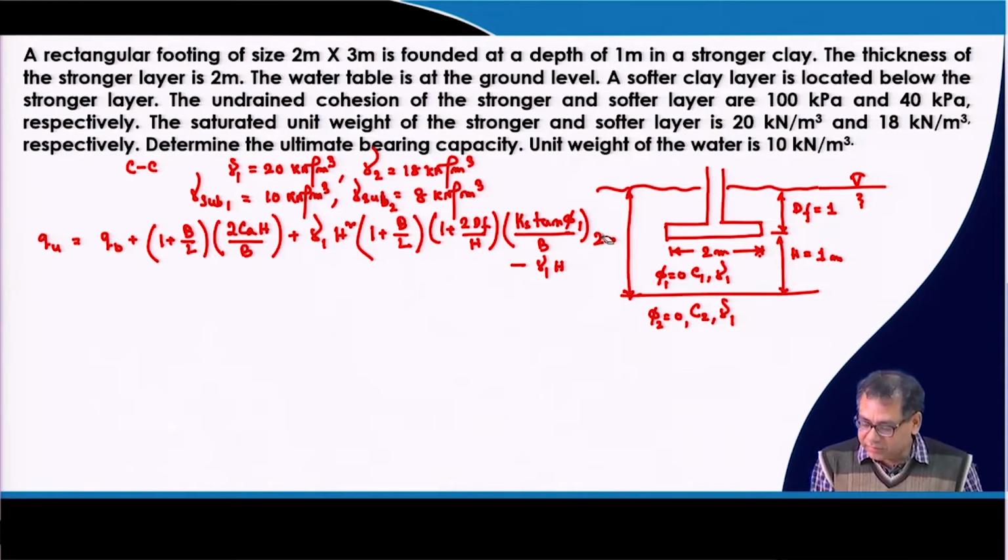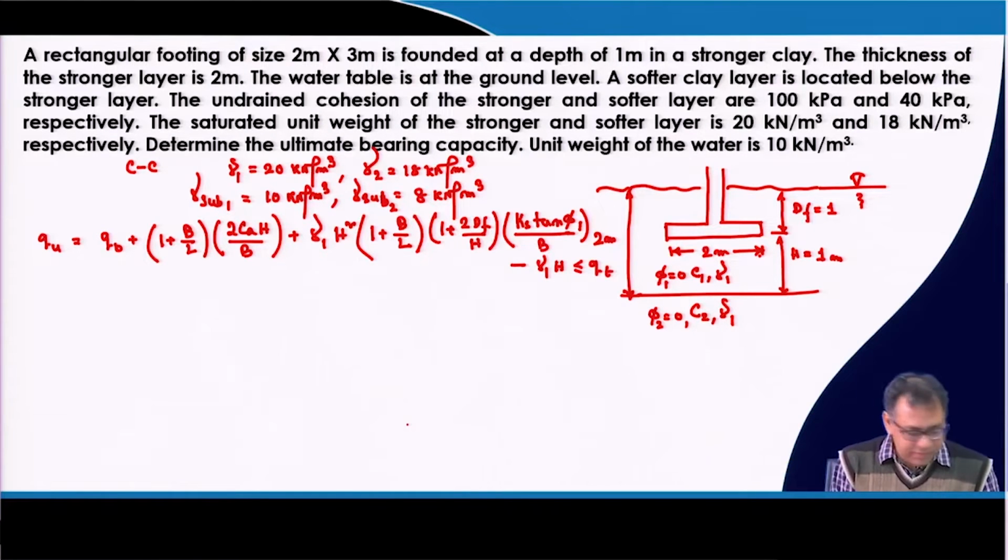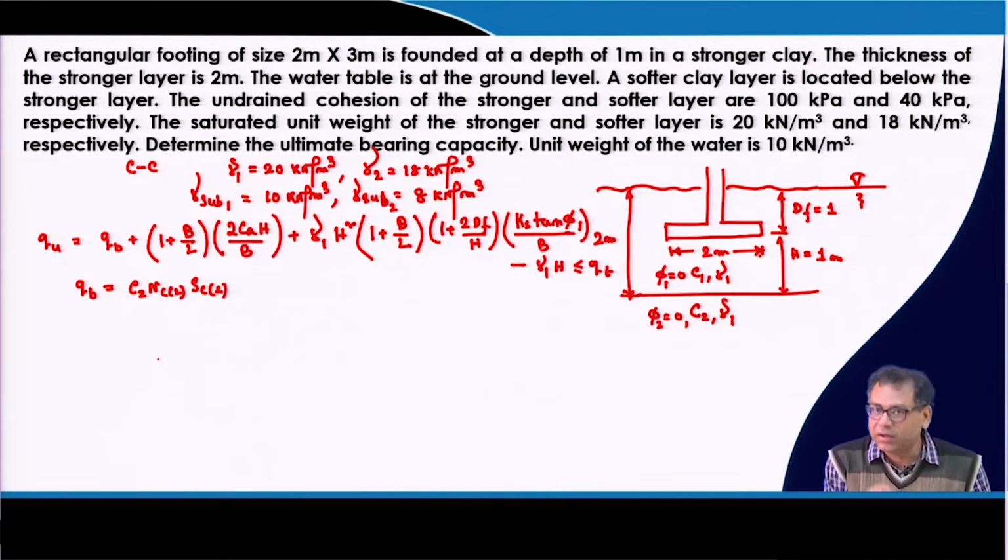Suppose this is the basic equation for this rectangular footing, and now we have to calculate the bearing capacity. So, now you know that this should not be greater than qt that we have mentioned. Now qb will be the bearing capacity of the bottom layer, and the general expression is given: c2 Nc2 into Sc2. Sc2 is for the rectangular footing. For the strip footing, these S terms are not there.